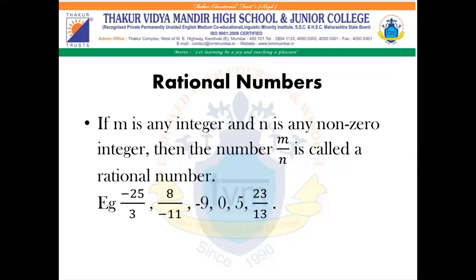If m is any integer and n is any non-zero integer, then the number m upon n is called a rational number. Example, -25 upon 3, 8 upon -11, -9, 0, 5, 23 upon 13.